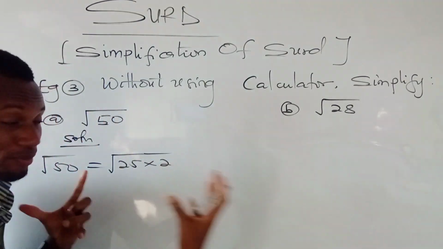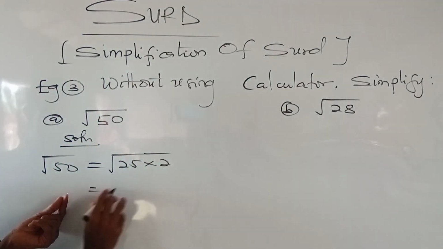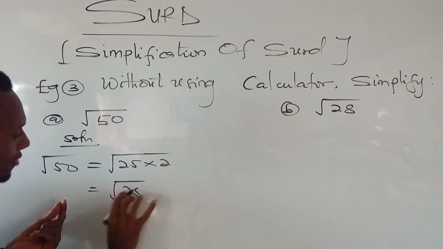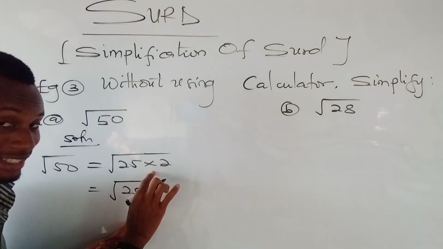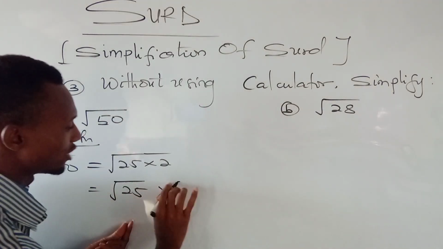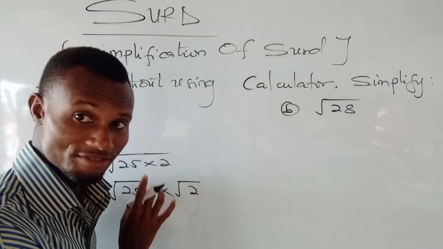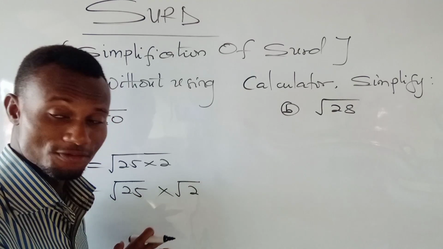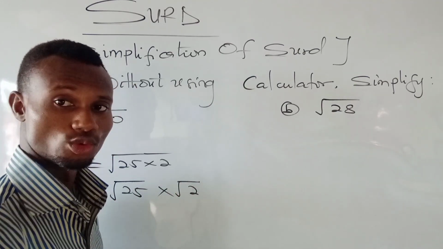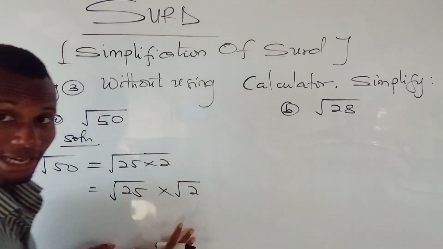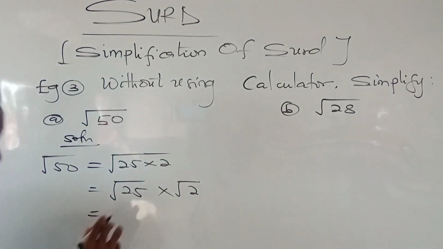So you can separate them by writing it like this: square root of 25, your sign here is multiplication, so bring your times, then square root of 2, because the square root affects everything there. Now let's go ahead and simplify further.